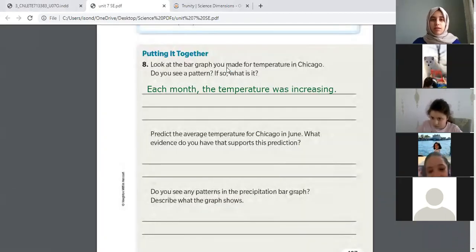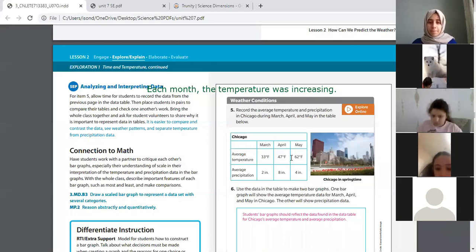So if you look at the bar graph here, we know that every month it's increasing by how much almost? Like by 10 or by 20? By 10. So almost by 10. And when I subtract 62 minus 47, I get 15.